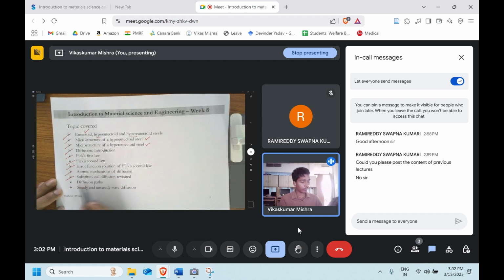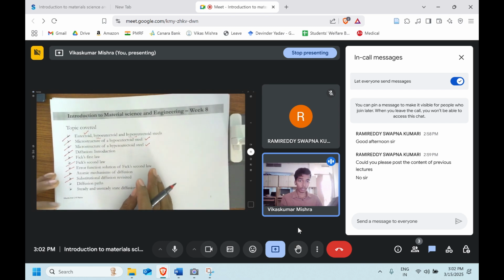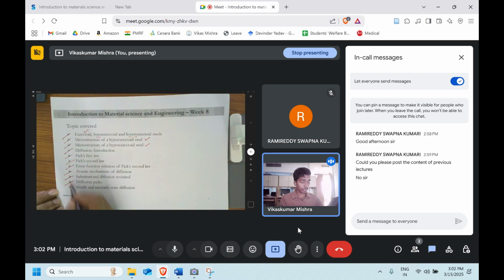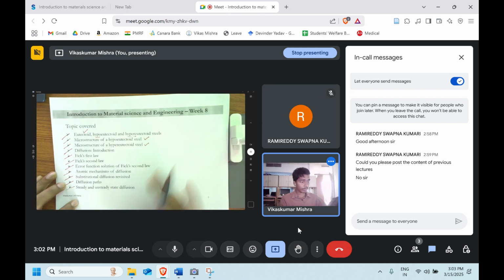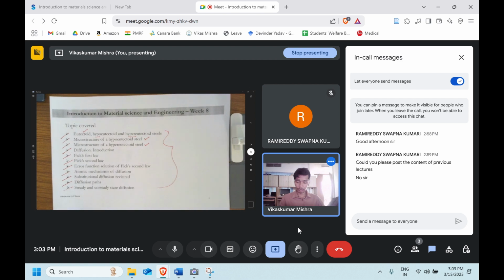We discussed steady and unsteady state, that confusion which is always there, that Fick's second law is not steady state, which is not true. So these are the contents that have been covered. If you have any doubt in this content, you can let me know. If not, we'll move ahead.